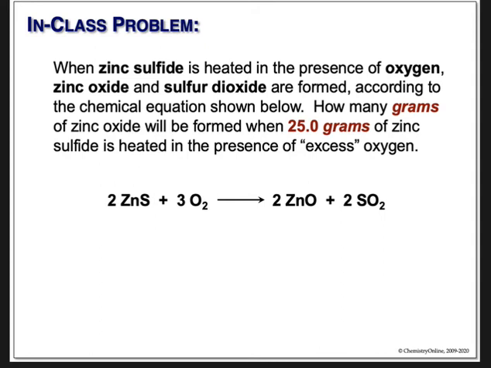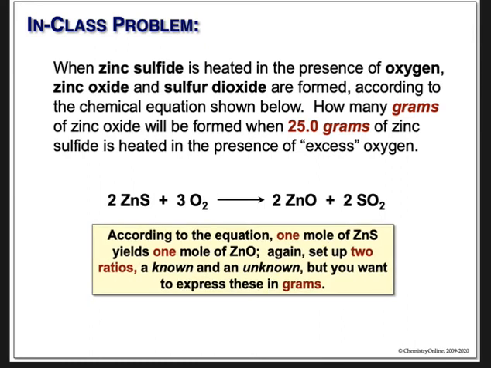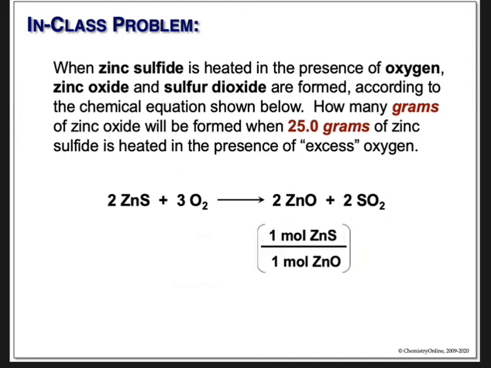Our ratio here is basically going to be 1 to 1. We will get 1 zinc oxide for every zinc sulfide. So let's write our ratio.